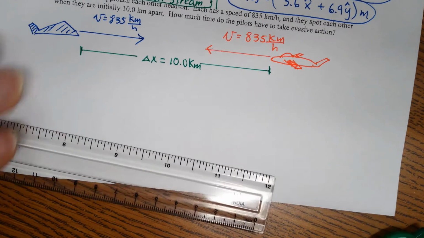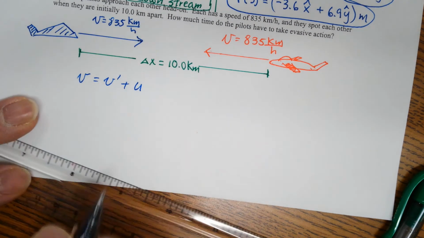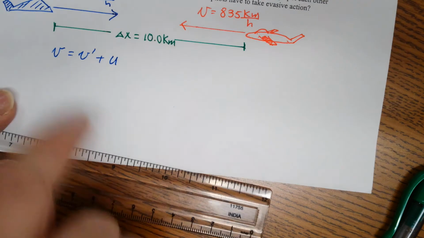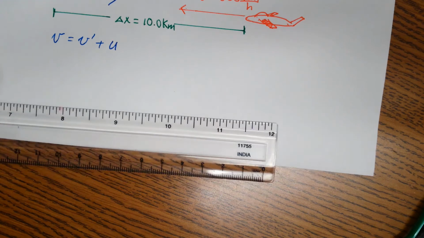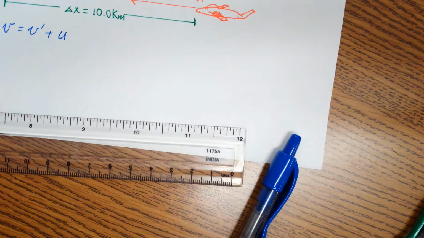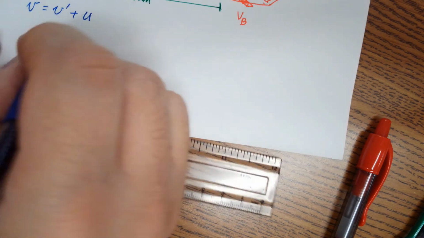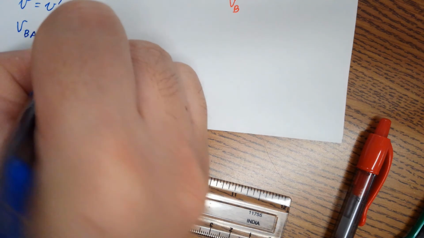1670. So remember from the video, V is equal to V prime plus U. But this U here, I think he did it as minus. He did minus. So let's do it the way he did it. So V_A, and then this is V_B. So V_B with respect to A is equal to V_A minus V_B.